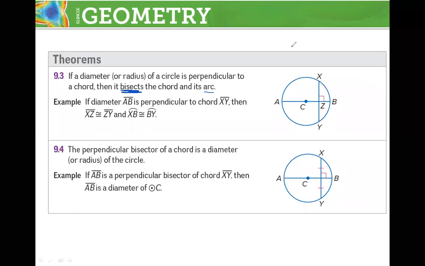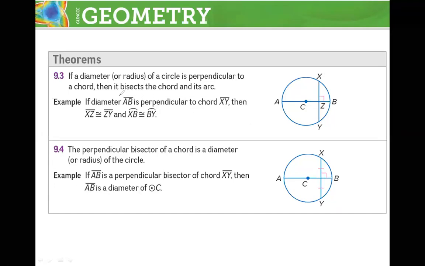This is the theorem. Again, the theorem says that if we have a diameter or a radius, represented on the drawing by AB, which is perpendicular, it means this angle is 90, to a chord, which is XY in the drawing.